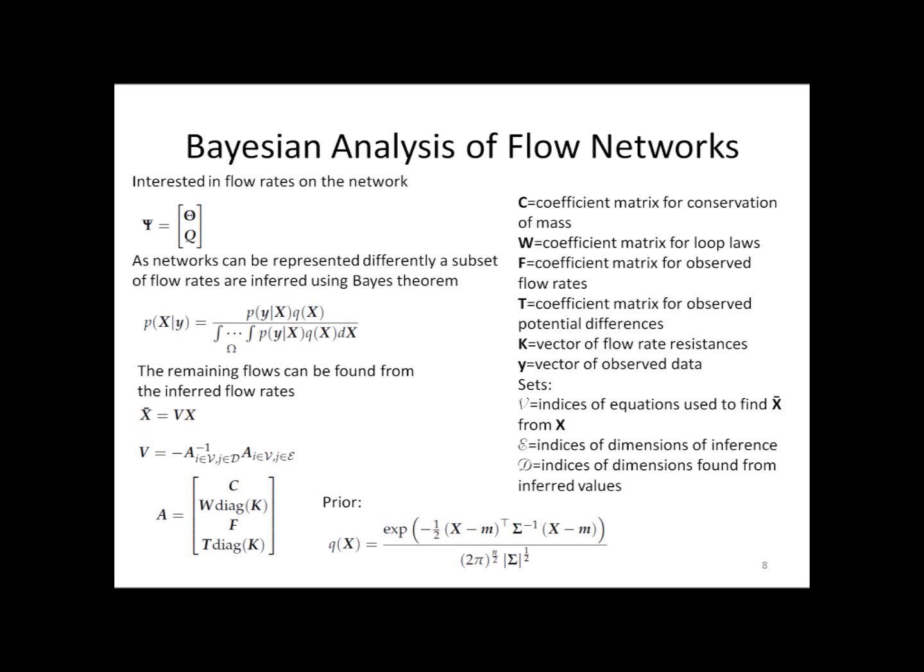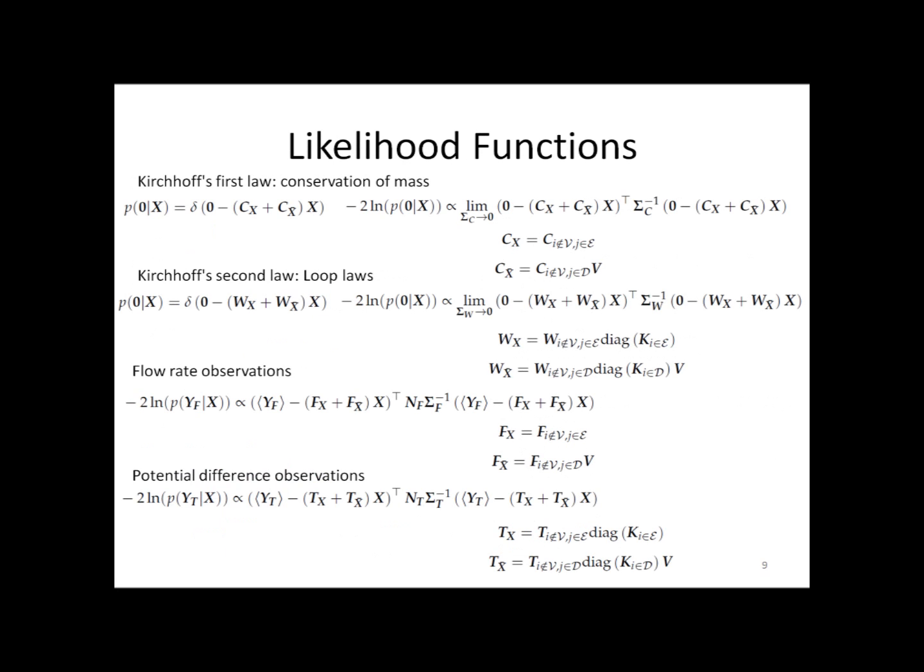All right, so we're going to look at the likelihood functions here for imposing each of the constraints. So the first one, it's just a normal distribution. I've taken the log of the normal distribution.